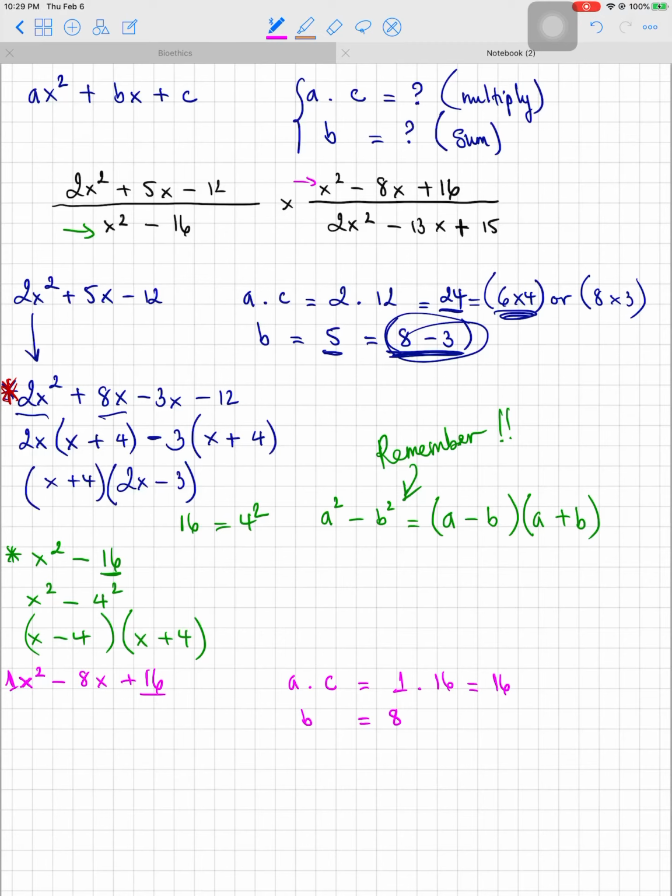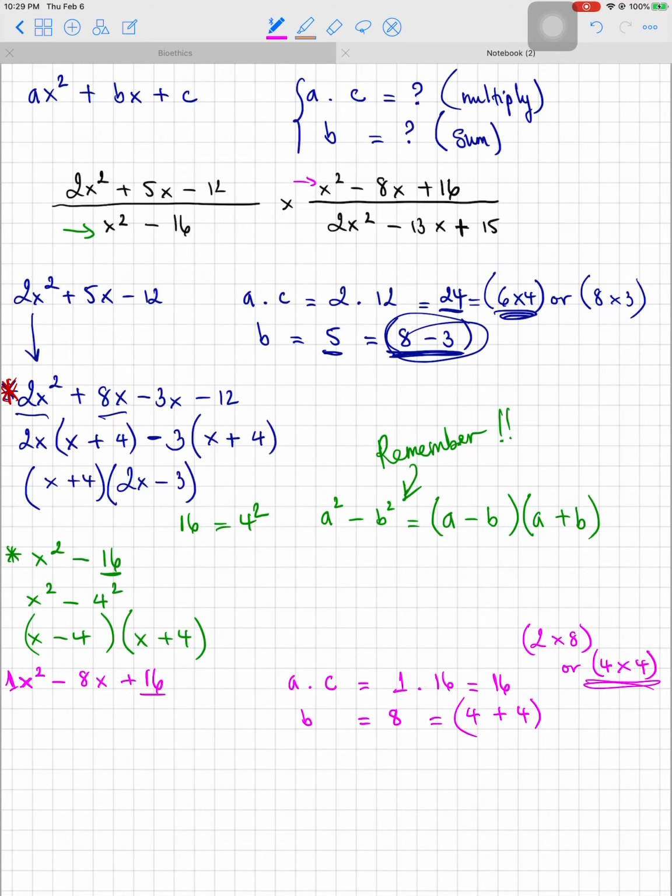We can have 2 multiplied by 8 equals 16, or we can have 4 multiplied by 4 equals 16. And so we find a common in between: we have 4 and 4 right here. So we can have 4 plus 4. And remember, because the b is always the sum of the numbers, 4 plus 4 is going to be equal to 8.